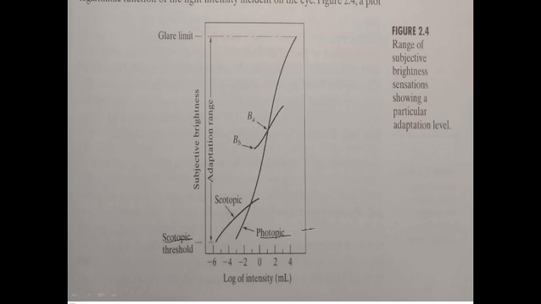Here cones will be operating, whereas in case of darkness, towards the left, scotopic vision will be acting, so the rods will be responsible for scotopic vision. Here this is your scotopic vision, and your photopic vision is this line.